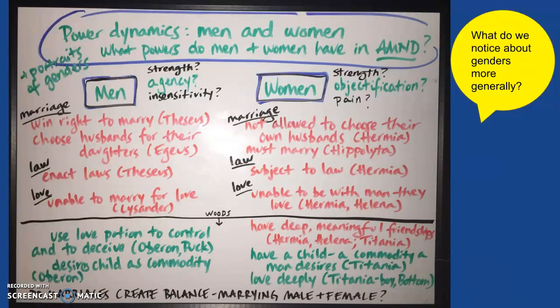The ancient Athens setting is one in which Hermia is told that she must marry the man her father chooses, or else she will die. She's given one other option, but that's how limited women's rights are.